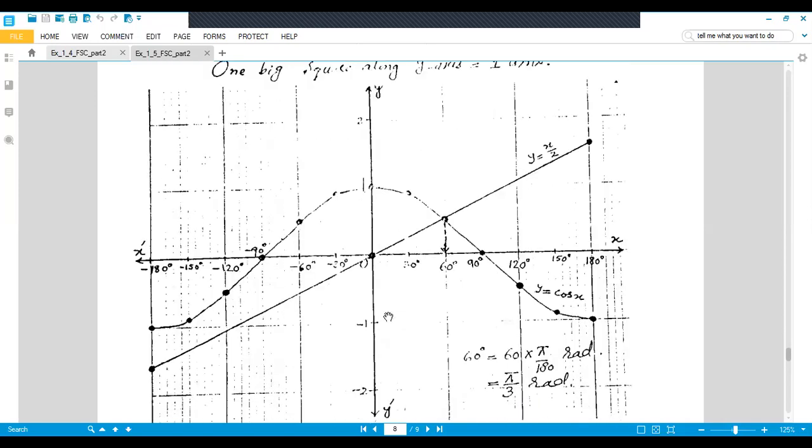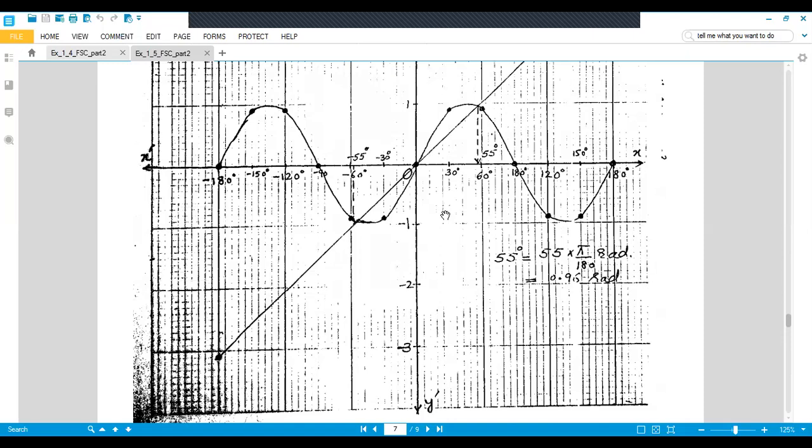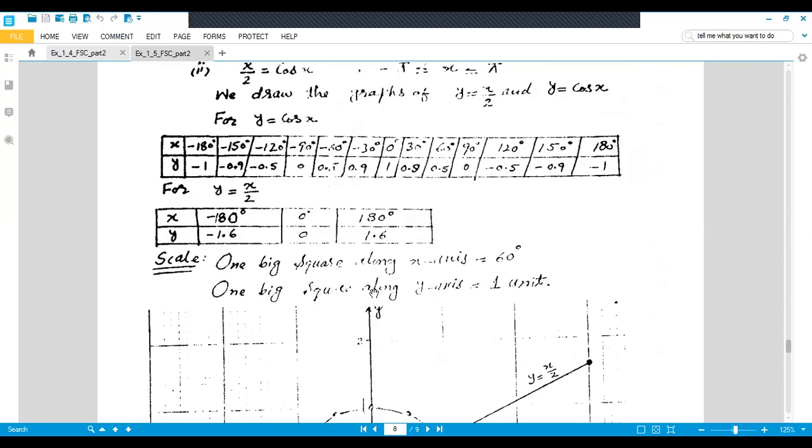In the same way, you draw the graph, and then you draw the test line. Draw the test line from the origin and check at which point it is passing through. If you check in the previous one, it was passing through these two points, that is minus 55 degrees and 55 degrees.